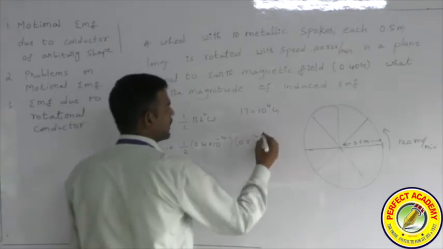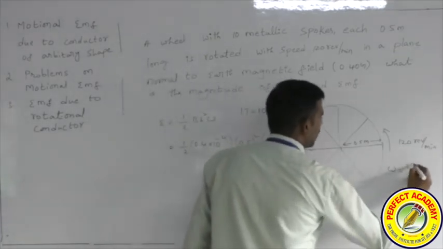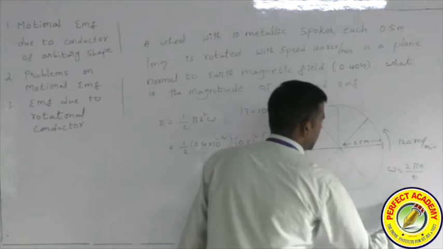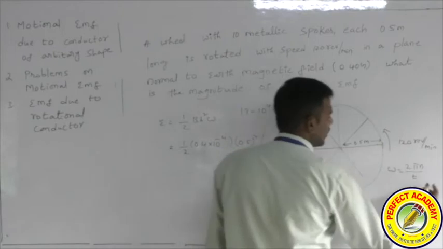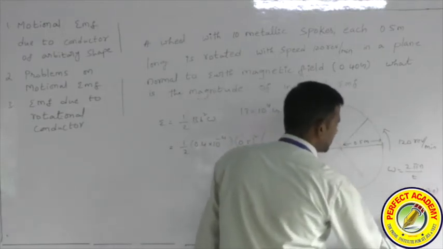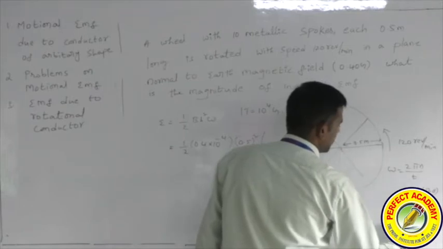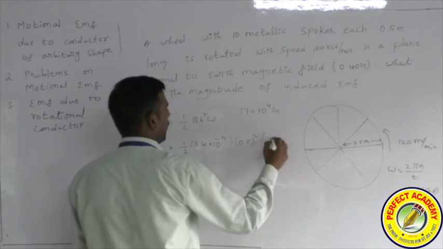Multiplied by omega, which is the angular velocity given by 2 pi n divided by t. Here n stands for the number of rotations, 120, divided by the time, 60 seconds. Therefore it gives you 4 pi. That's what we have to substitute.